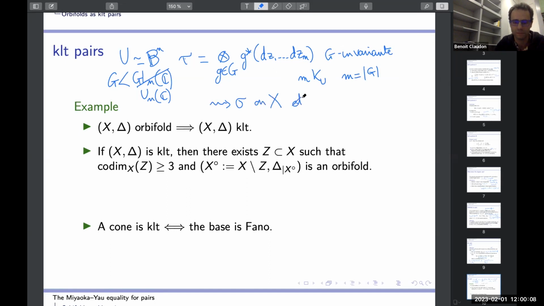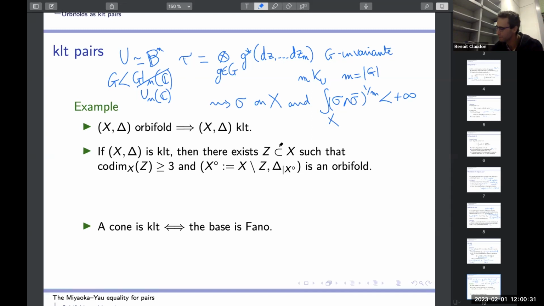And of course it's easy to verify this integral converges. Okay, so it gives you the fact that these quotient singularities are KLT singularities.